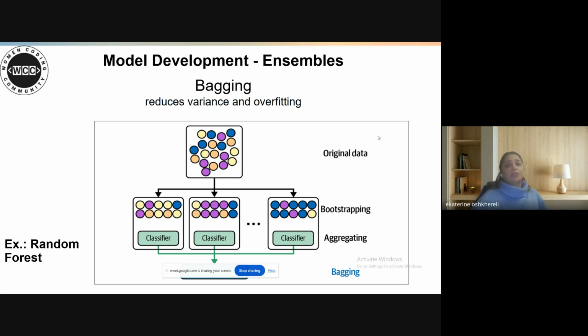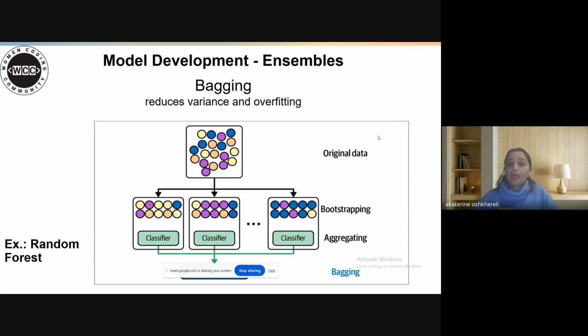And the bootstraps, and the prediction are made based on them. We train our classifier on these different bootstraps, and the prediction is made by combining these results.